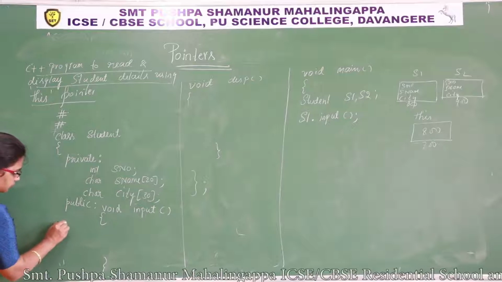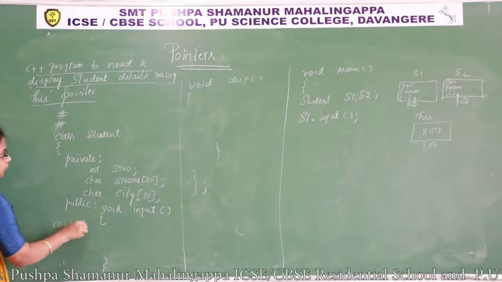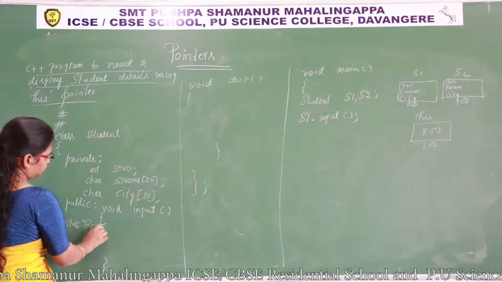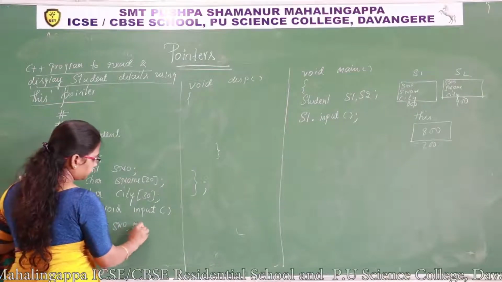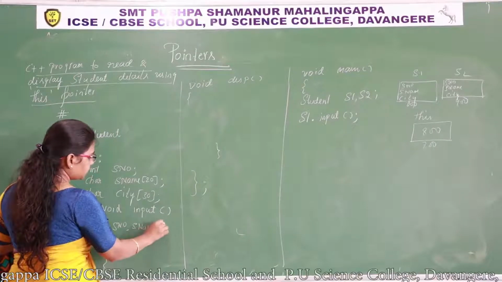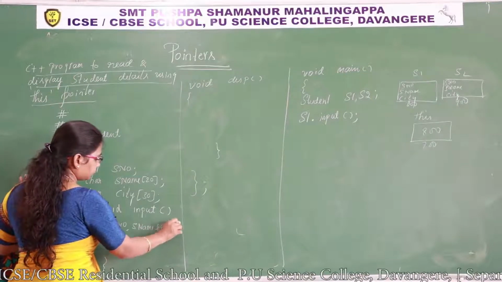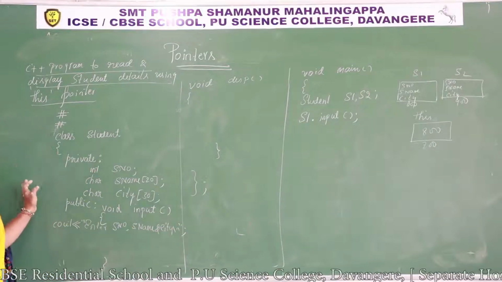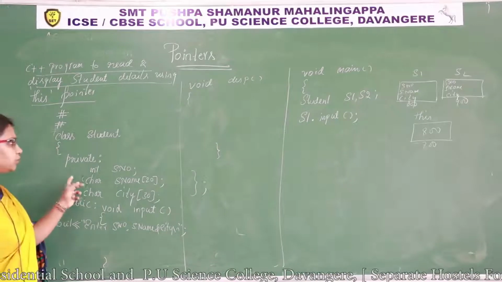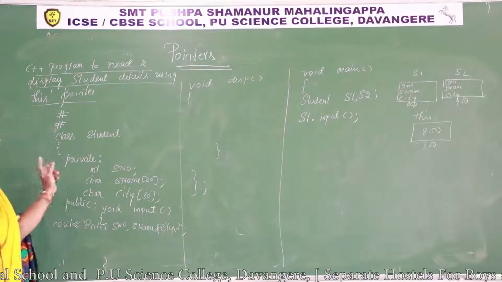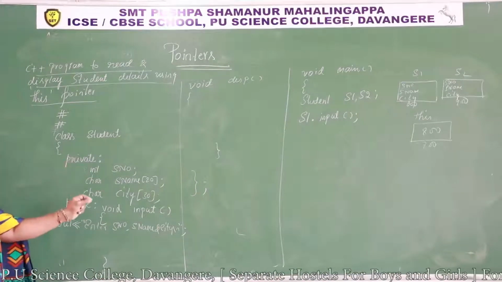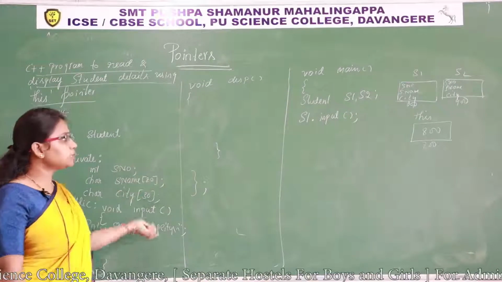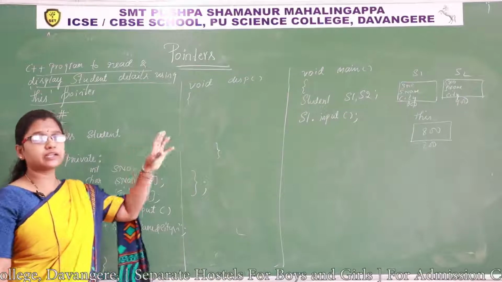Cout enter student number, student name and city. Which student? S1 student. I already told you in the last class while discussing this pointer, when you call any member function with the object, the values go to that object.